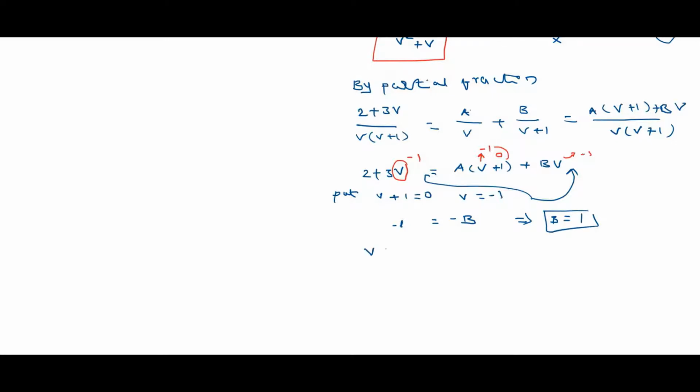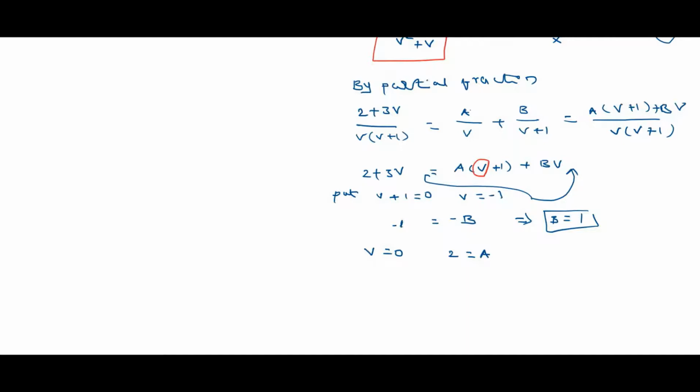Now we have to put v equal to 0. If you substitute v equal to 0, 3 into 0 is 0, so we are left with only 2 is equal to... Now with v equal to 0, 0 plus 1 is equal to 1, and 1 into a is equal to a here.